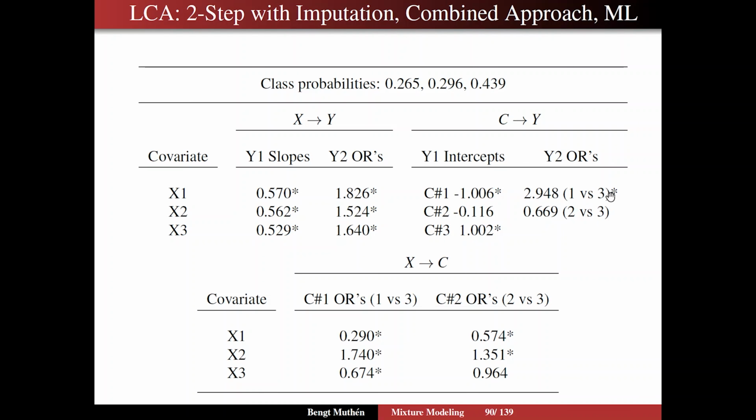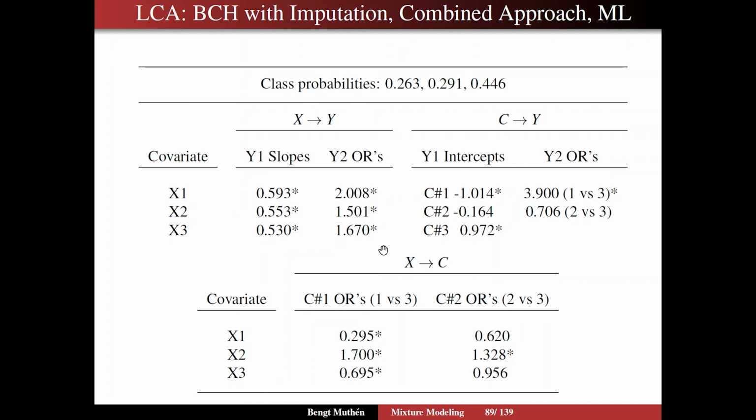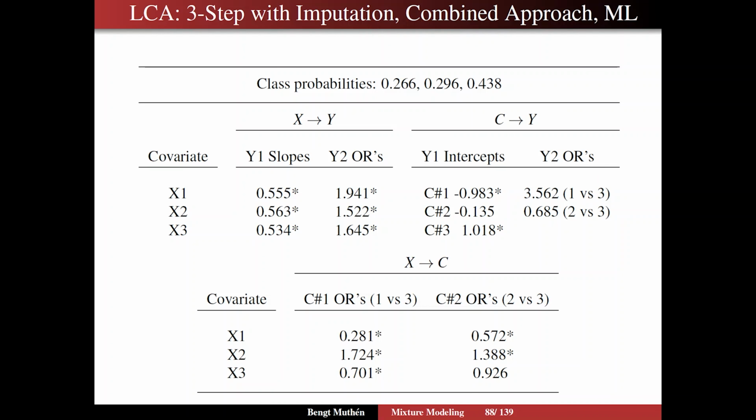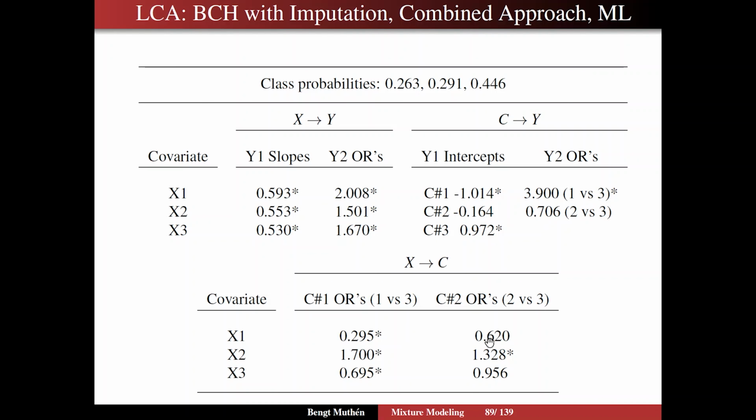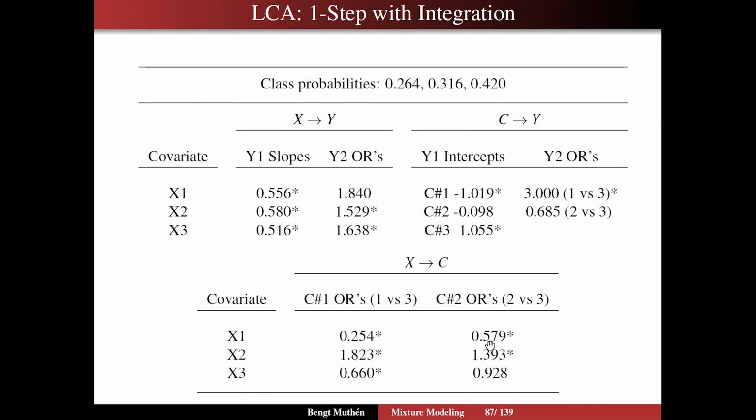And so does two-step. Now, slide 89, going back to that, we have a non-significant value here for BCH, whereas it is significant for three-step and significant for two-step, and it was significant also for one-step.